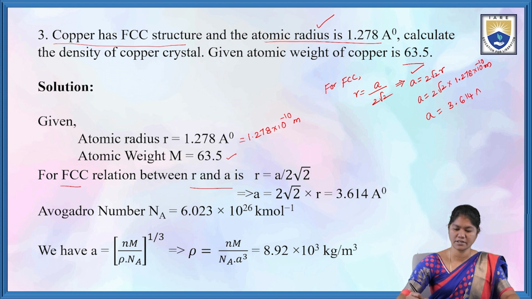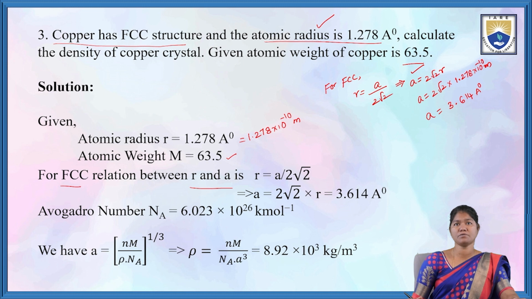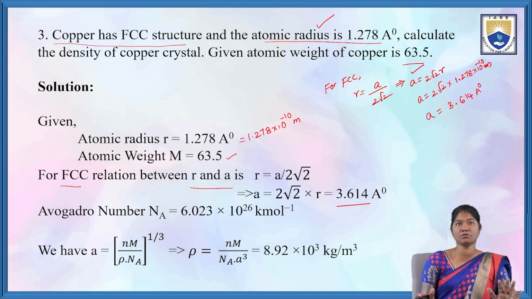3.614 angstroms. If we calculate in angstroms, it comes in angstroms; if we convert into meters, it would come in meters itself. So A is equal to 3.614 angstroms.